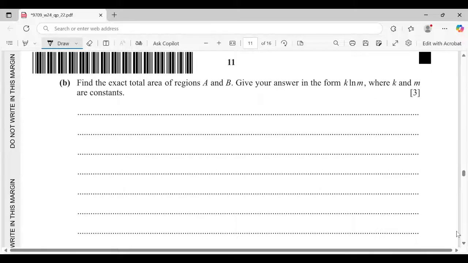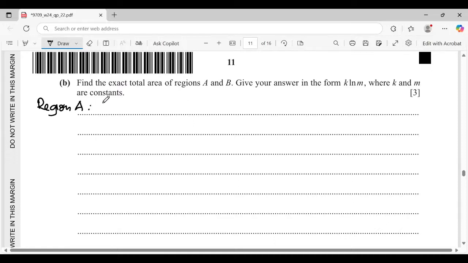Next question. B. Find the exact total area of region A and B. Give your answer in the form K ln M, where K and M are constants. Region A first.